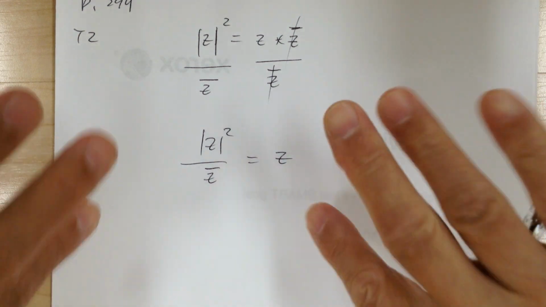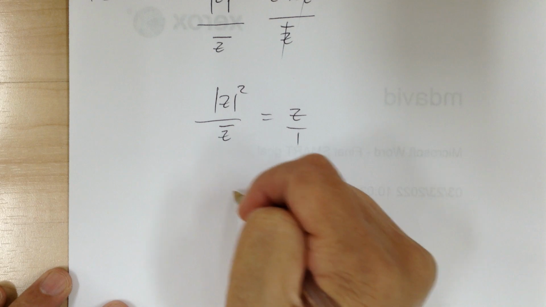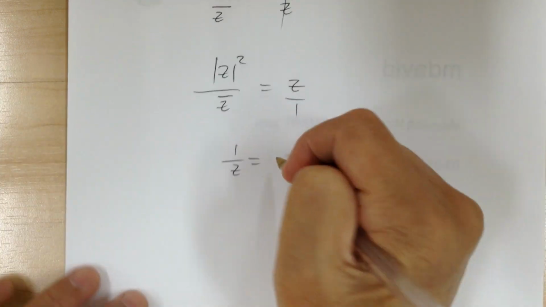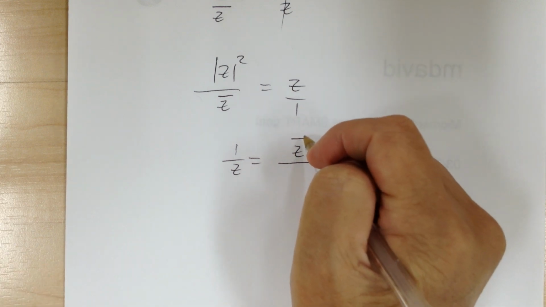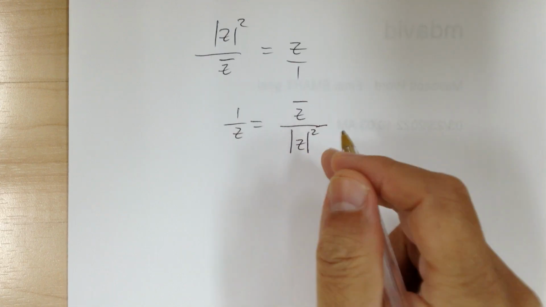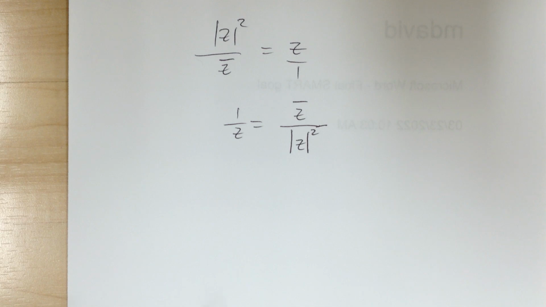If you flip both upside down, you get 1 over z equals the conjugate of z over the square of the length of z. So these are additional equations that you can use.